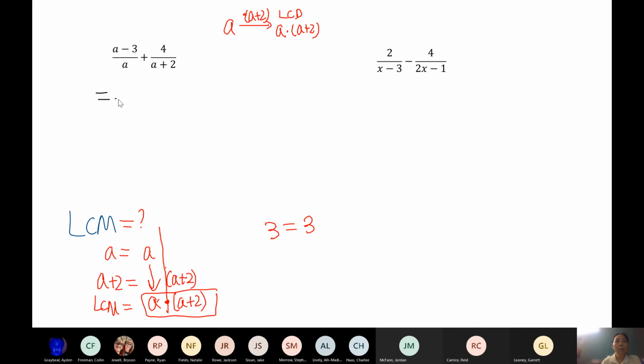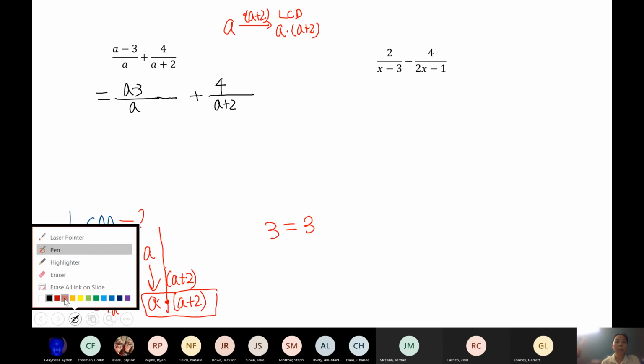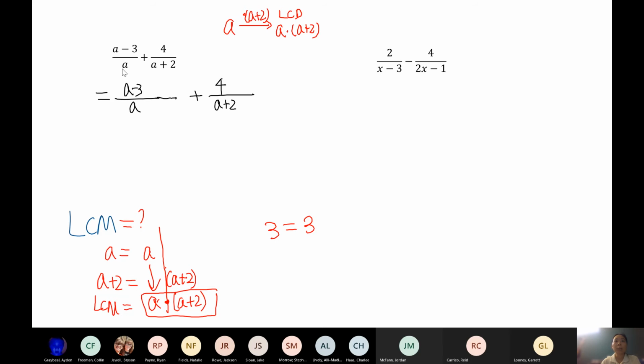I'm going to copy this down, A minus 3 over A. Now I'm going to do the second step to equal the denominators. So in order to get the LCD, I need to multiply by A plus 2, A plus 2. For the top, make sure you put parentheses because A plus 2 needs to multiply with the entire top, which means both of them.